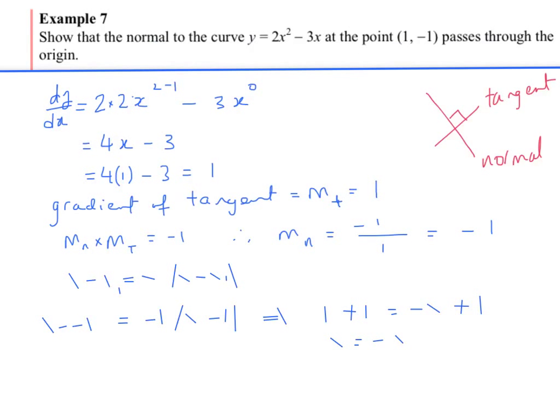So y equals minus x plus 1 take away 1, which is just 0. Now, we know this line passes through the origin because it just goes straight through. We can test it. So at x equals 0, y equals 0. Therefore, y equals minus x passes through the origin.